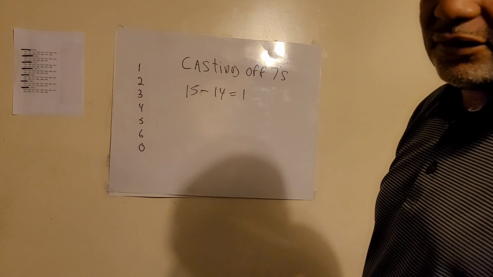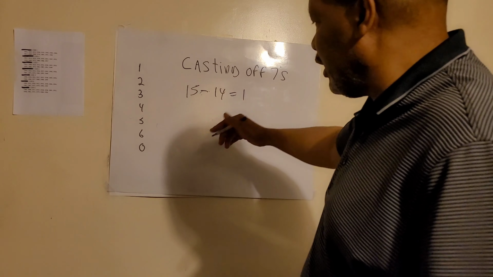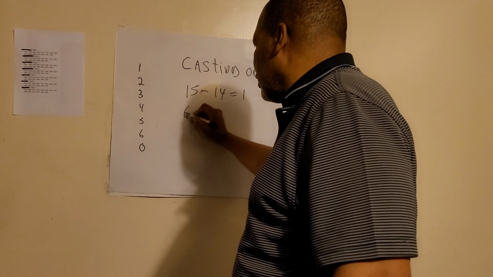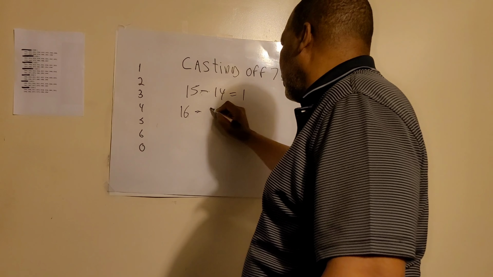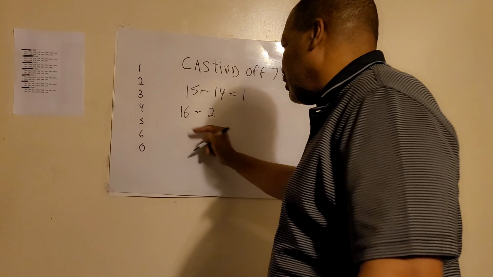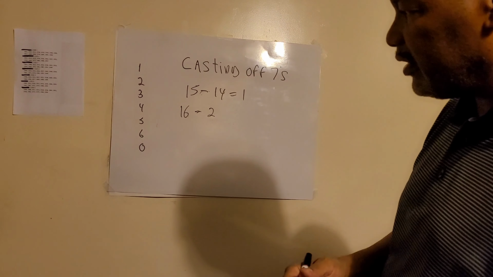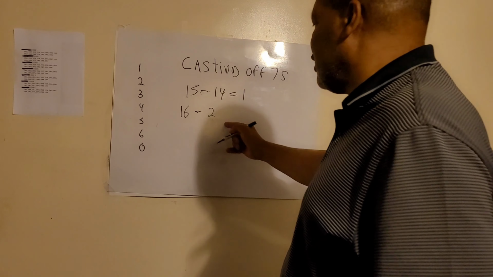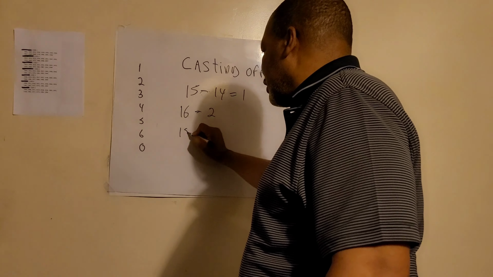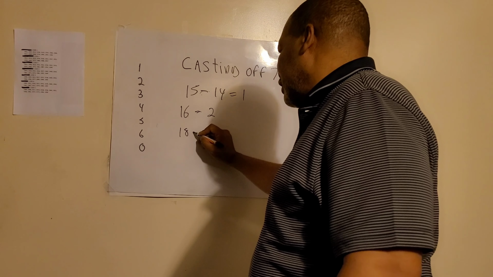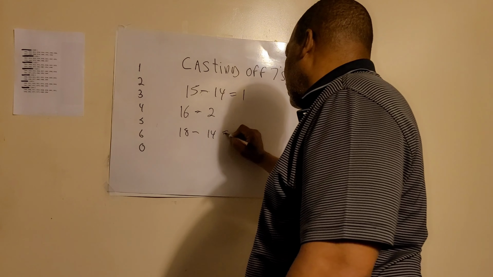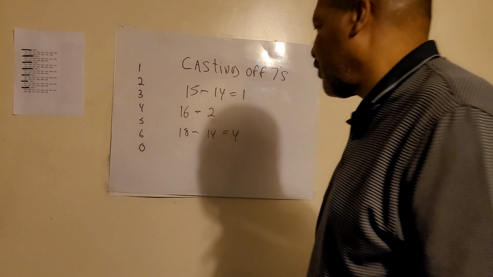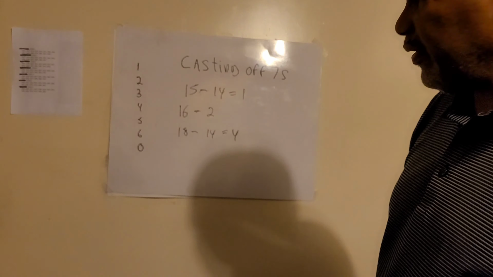Because you've cast off the sevens. 7, 14. If you've got, let's do 16, again, that's going to equal a 2 because 14 taking away from 16 leaves 2. 18, that's if you minus your 14, which is 2 weeks, that's going to equal a 4. Okay? So on and so forth.